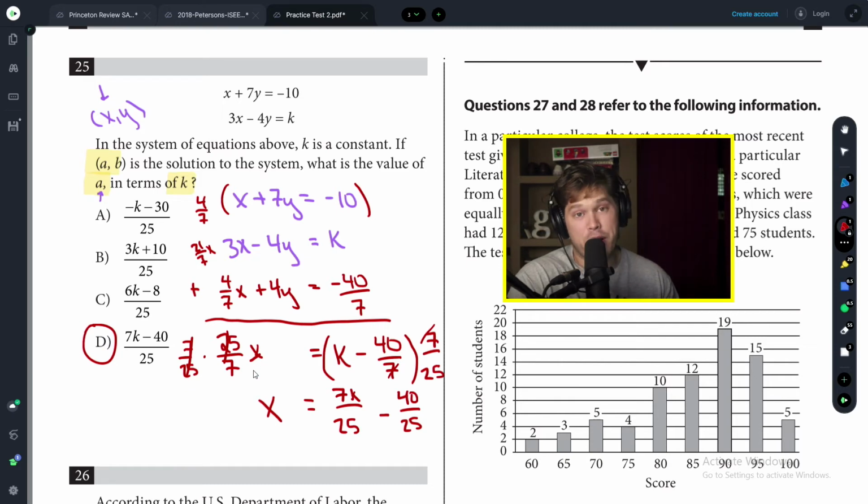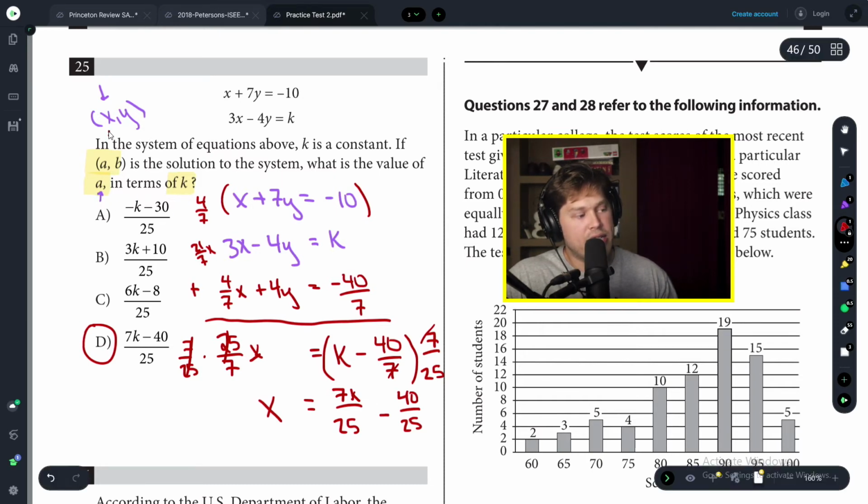Okay, this problem was a doozy. If you're solving these independently and you got this on the first run through, great job. Okay, to quickly recap, we wanted to eliminate our y because we're asked to solve for a in terms of k, and a is the x value of our coordinate.